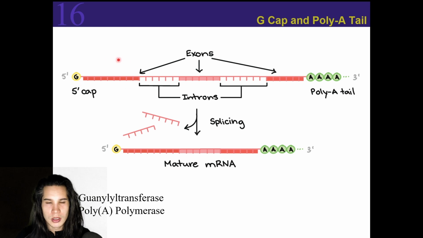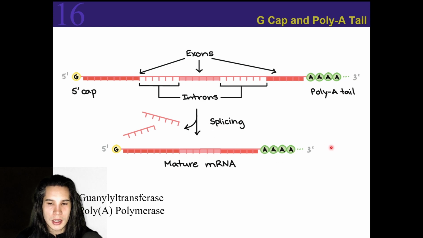Now, like I was mentioning earlier, you have a G-cap, which you'll add to the 5' end of your mRNA, making a 5' to 5' bond. So you'll have this G-cap at one end, and then you'll create a poly A tail, poly meaning many, A for adenine, at the other end.